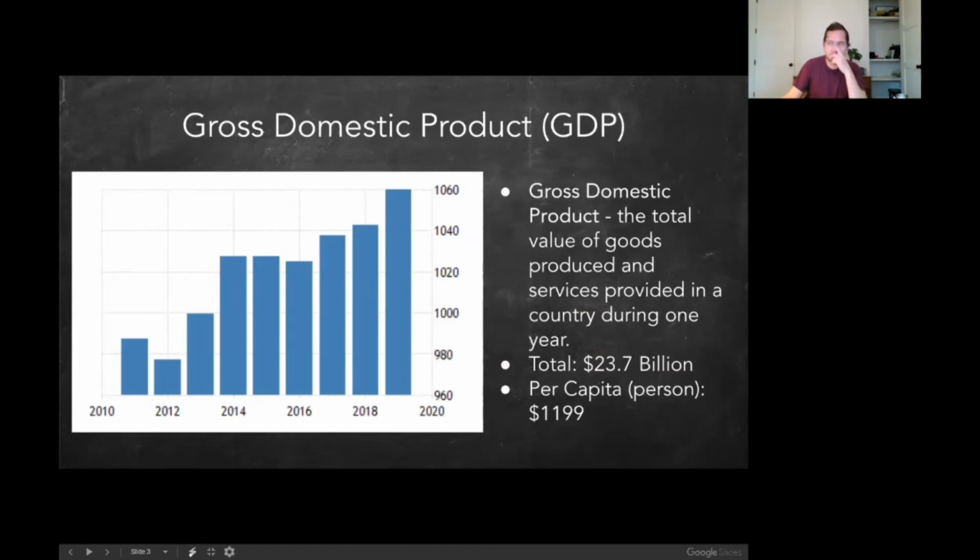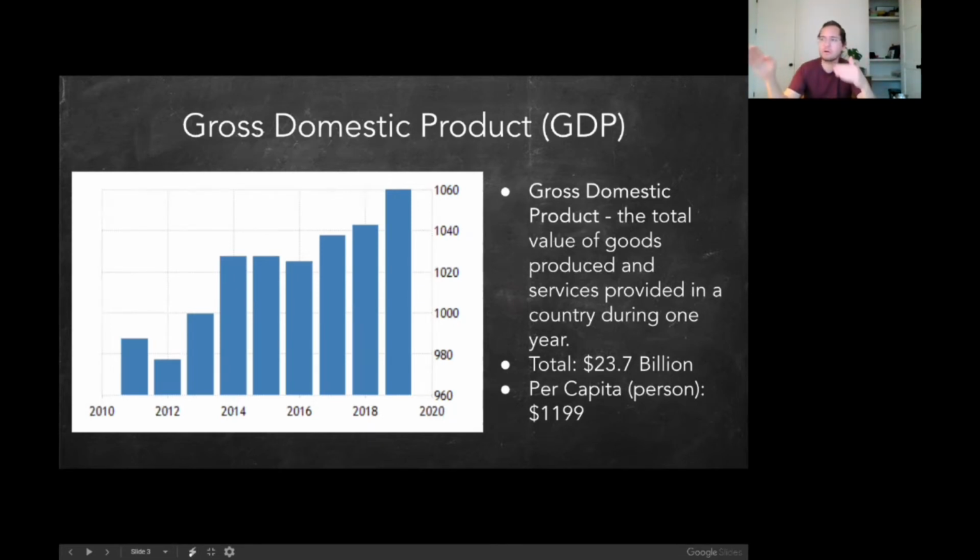All right, here we go. We're going to continue here. Gross domestic product. This is the total value of goods and services produced in a country during 1 year. You take all of this production that takes place with goods and services. It's the overall value of what the country is making.